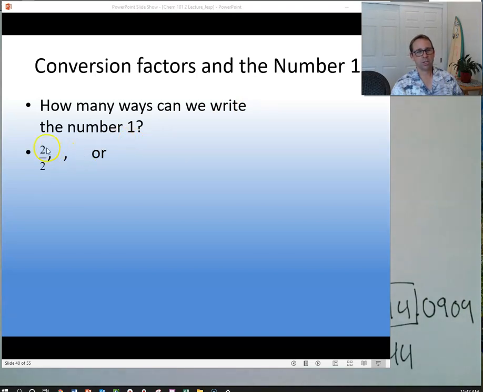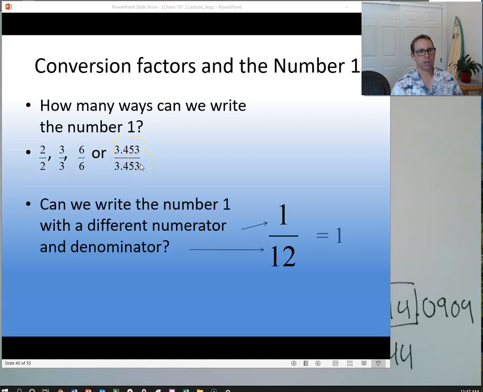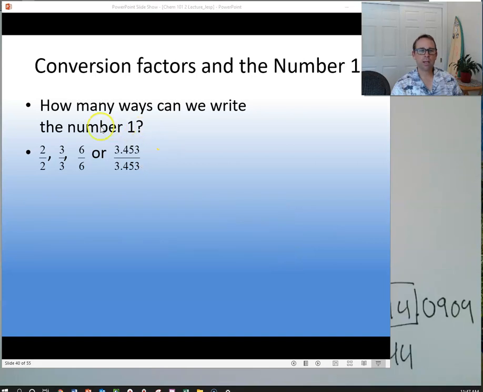Because if you take 2 divided by 2, what is that equal to? 1. That's right. 3 divided by 3, what's that equal to? 1. 6 divided by 6? 1. 3.453 divided by 3.453? 1. Very good. So there's so many ways we can write the number 1.